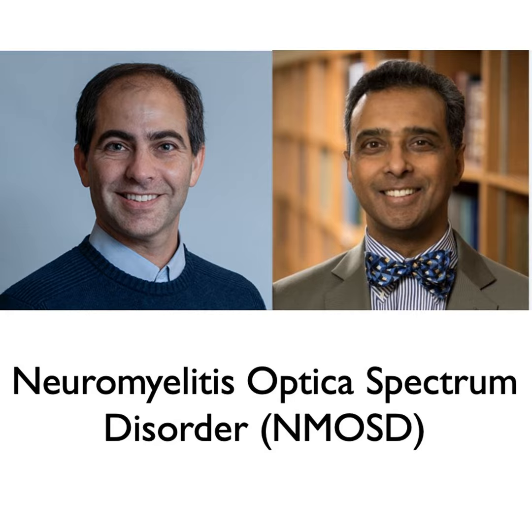How convinced am I that it fit into an NMO spectrum disorder? I just mentioned some of the changes I look for in the fundus and on OCT to suggest it's an NMO spectrum disorder. They're more likely to have significant residual damage to those structures compared to someone who may have had more of a typical demyelinating event.